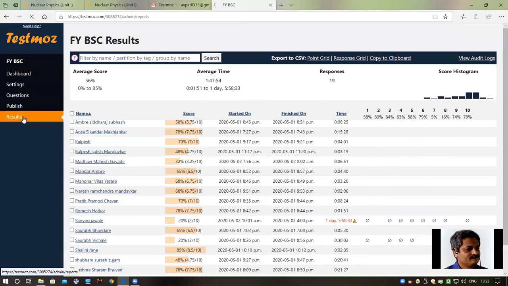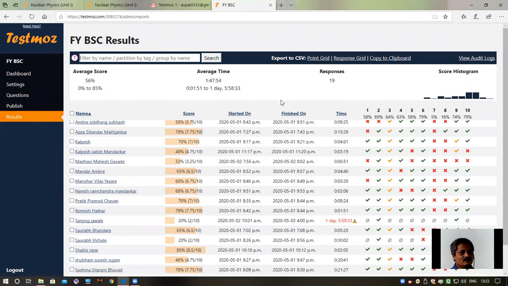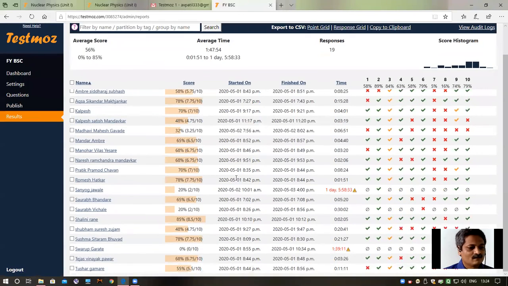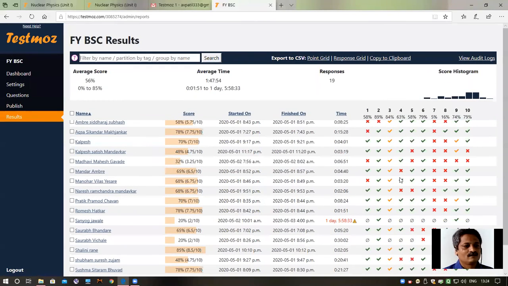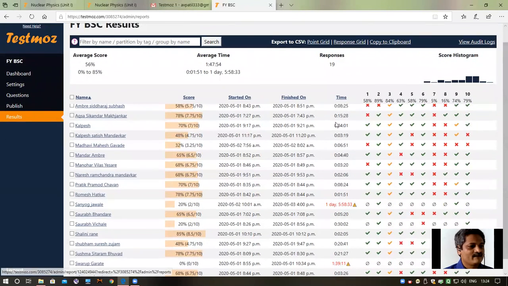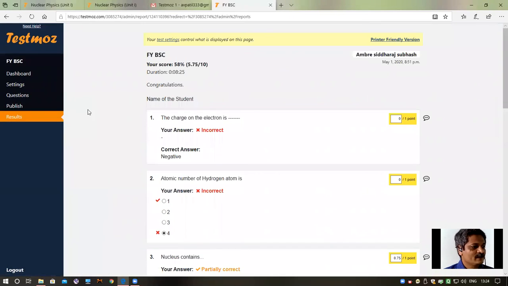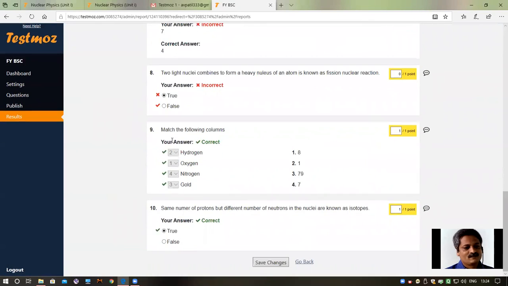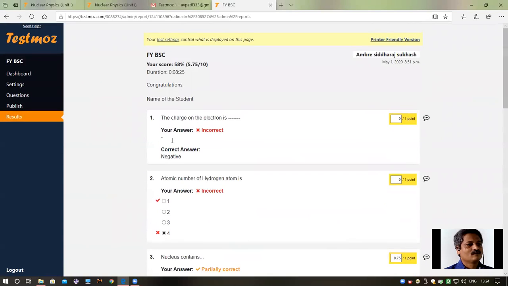See here in results, there are 19 responses. This test has 10 questions. Suppose we click on any one student, we see the detailed answer book of that student here.